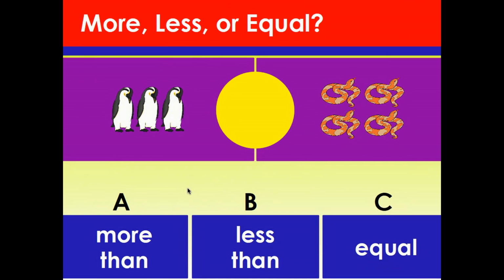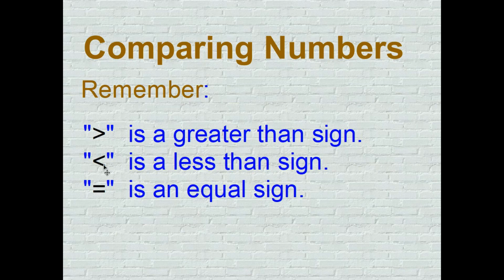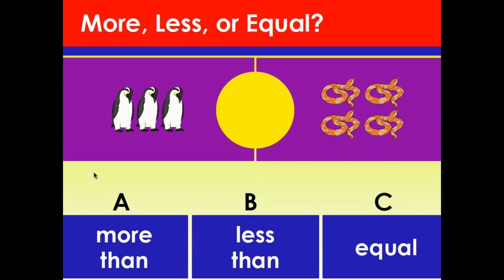Now, as I said before, we have seen the comparing signs: greater than, less than, equal. By using these signs, let's compare these animals. A more than, B less than, C equal. Which one is the correct answer? Is it A, B, or C? Here you have 3, here you have 4.